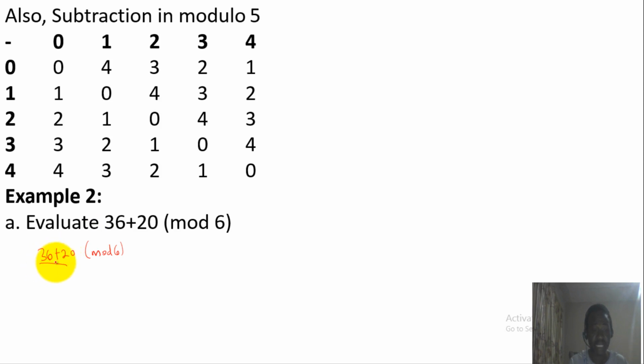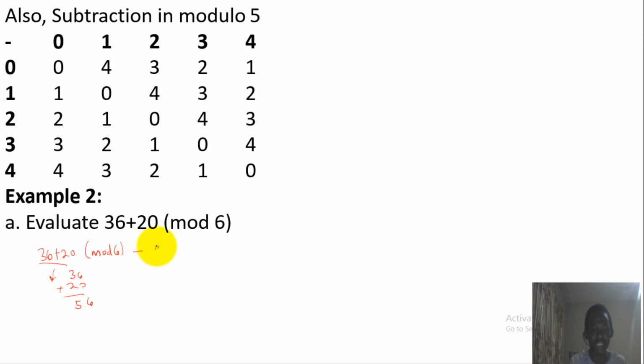Therefore, in this particular case, I have to add the integers first. 36 plus 20, the operation here is plus. You have 6, then you have 5. That's 56. Then 56 mod 6, because it's returning the remainder. How many 6s will you see in 56? That will be the problem.